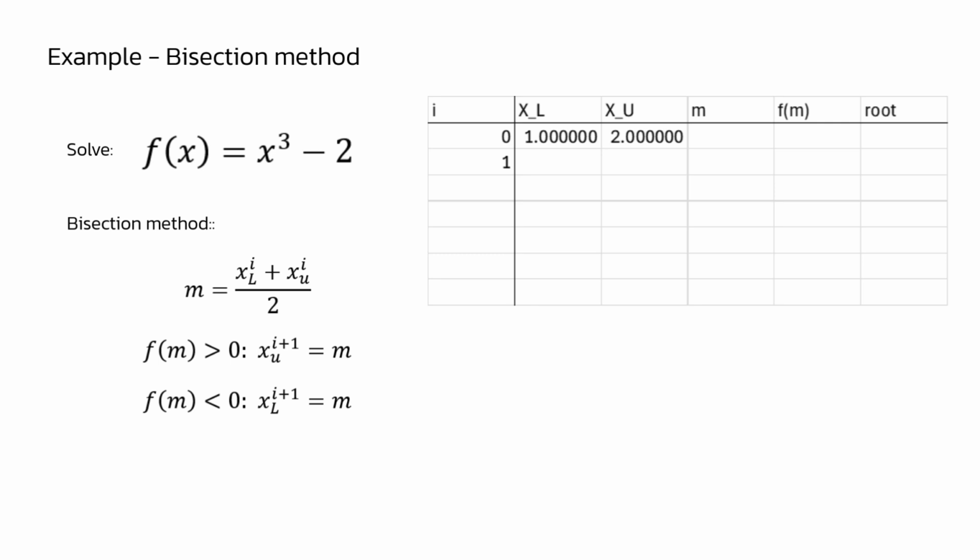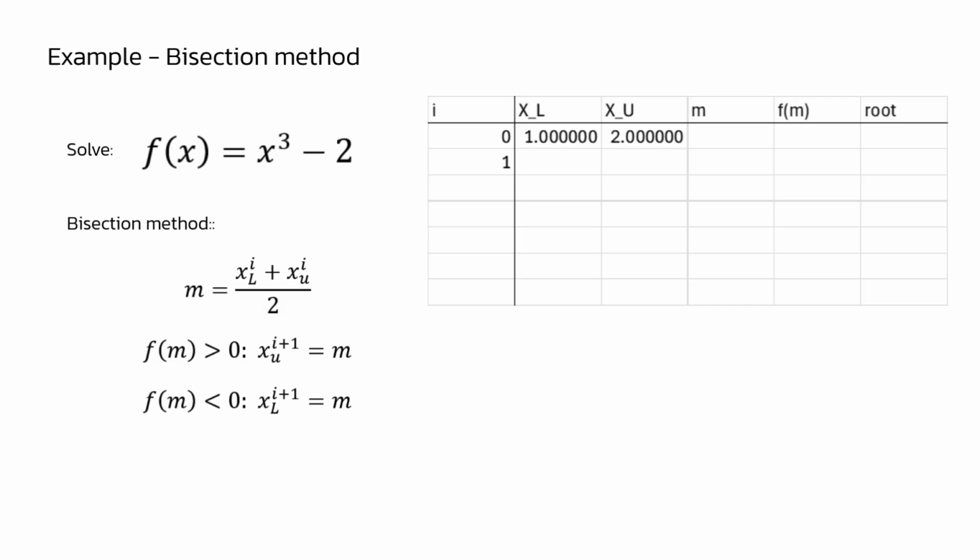So now, what is the bisection method? The first iteration will be using the initial guesses to find a middle point, which is m. So m will be plugged into the function to calculate the residual, and then from the residual, you want to decide which one to update.